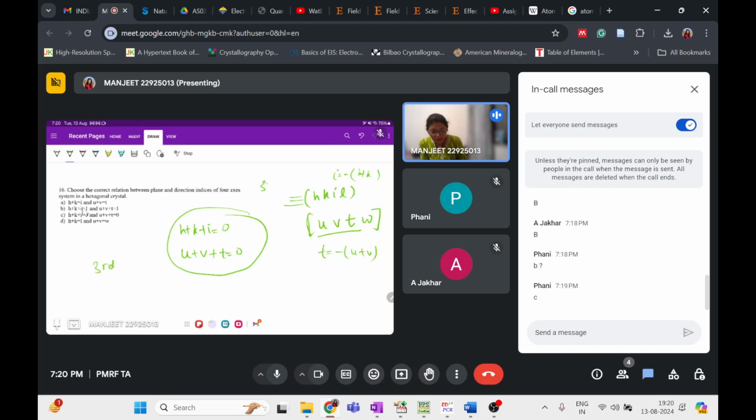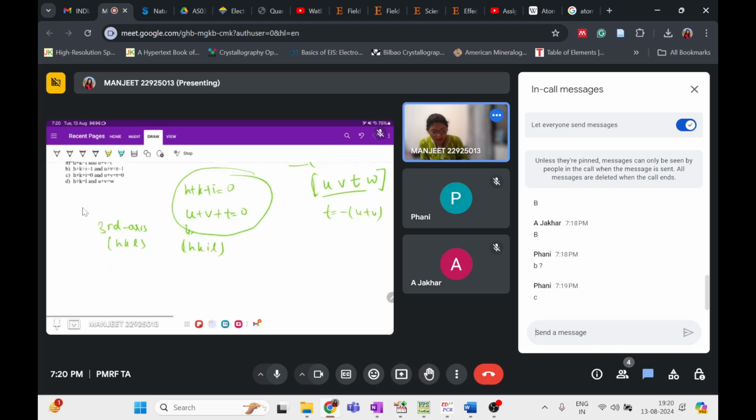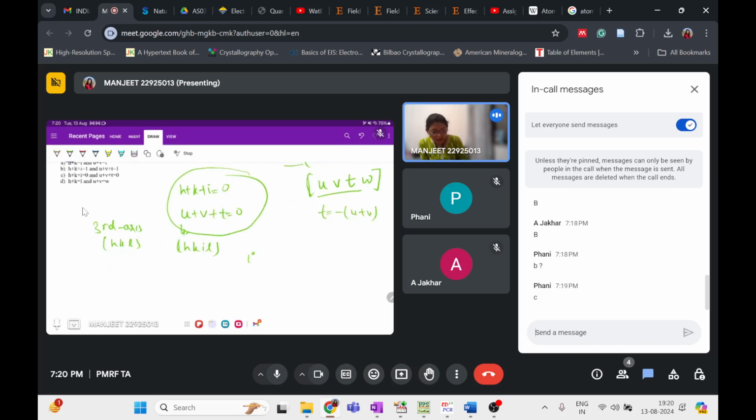Again I'm repeating, for the 3-axis system it will be HKL, and for the 4-axis it will be HKIL. The difference is I, and I is basically minus of H plus K.